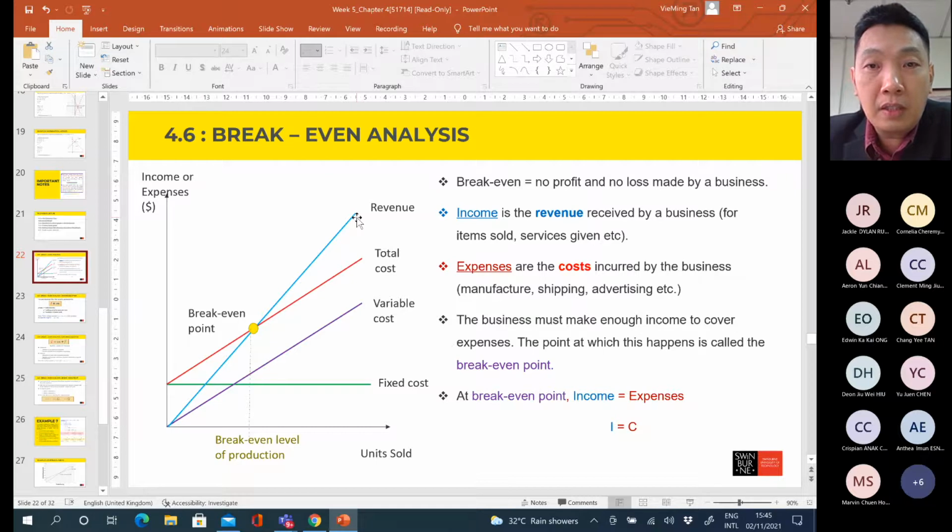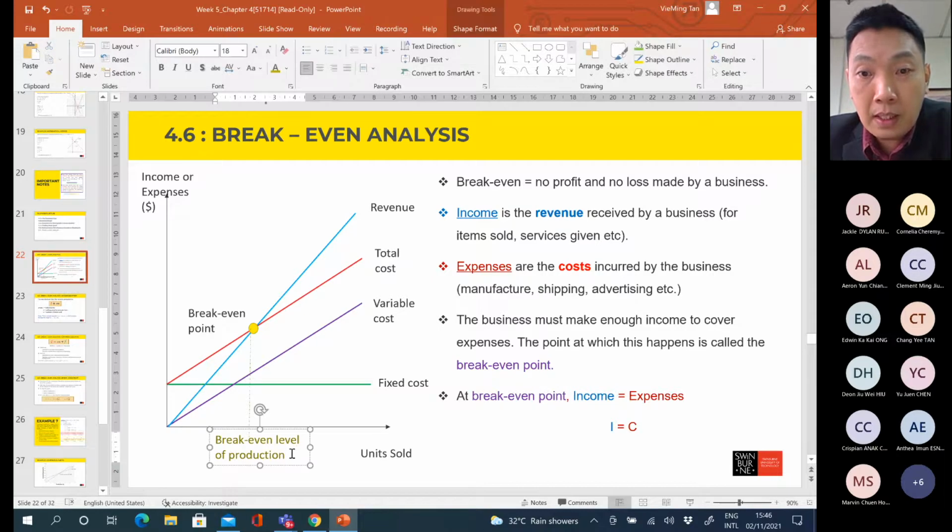If these two lines intersect at this point, we call it the break-even point. At this point, the level of production will help the company achieve break-even. So if this organization is able to produce the product at this level and manage to sell at this level, let's call it N.